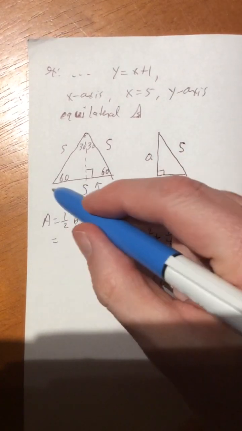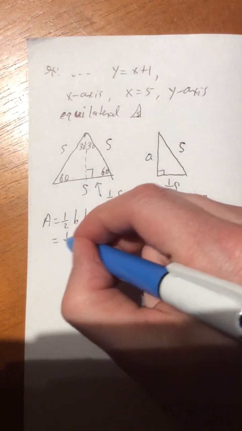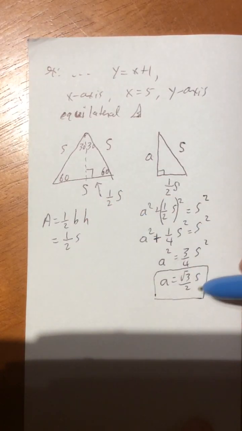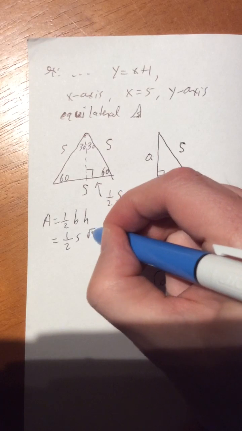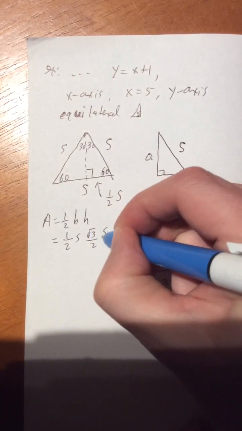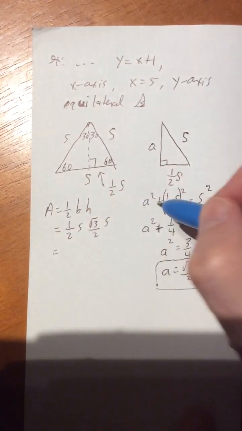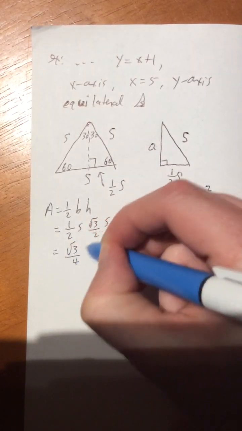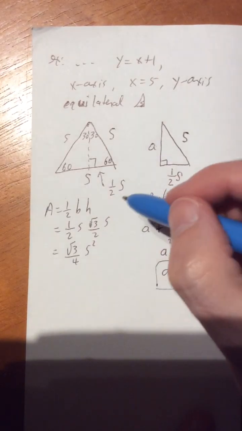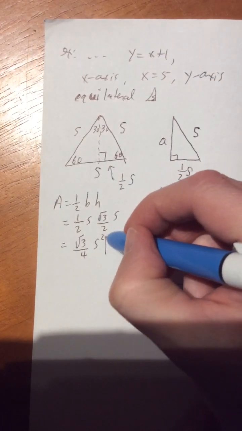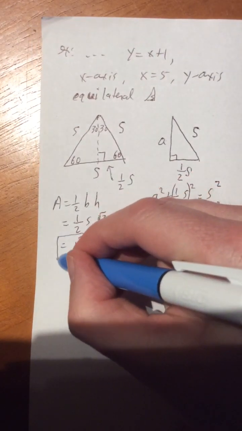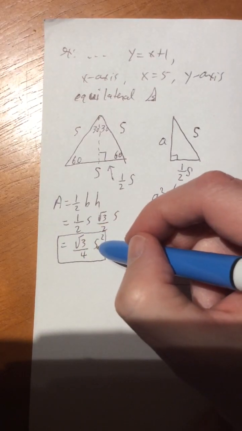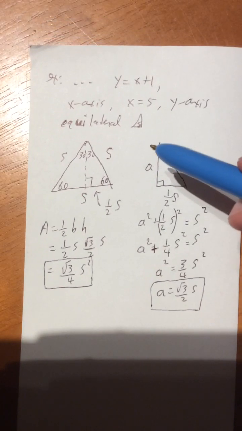Well, we know in this case that the base is S, so it's going to be 1/2 S, and the height is √3/2 S. So that's going to be √3/4 side squared. Okay, so this is the thing that we're going to end up integrating here. And we just need to figure out what is the side length. Well, let's go back to the problem now.